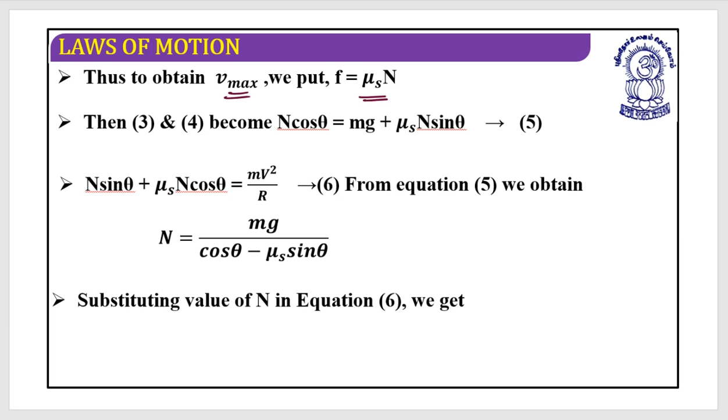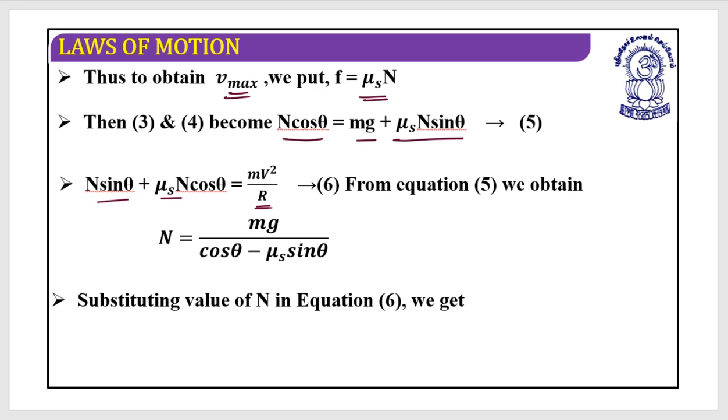That means by putting F equal to mu s into N, using relations 3 and 4, we can have N cos theta equal to mg plus mu s into N sin theta, and N sin theta plus mu s into N cos theta should be equal to mv squared by r.